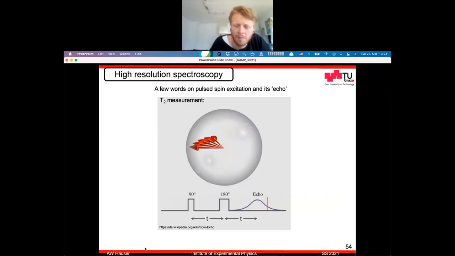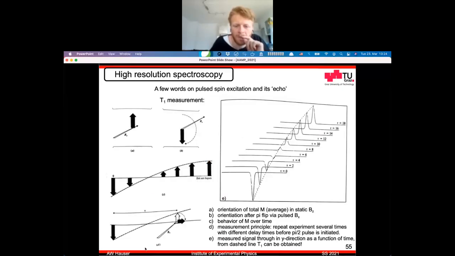You do the measurement in time domain and you convert this back through a Fourier transform into frequency space. Then you have again your peak where you have the resonance for this flip from here to there with the width determined by or in relation to your relaxation times. This is now T2. So this was the transversal part. And now what we still have to cover is the T1 measurement.